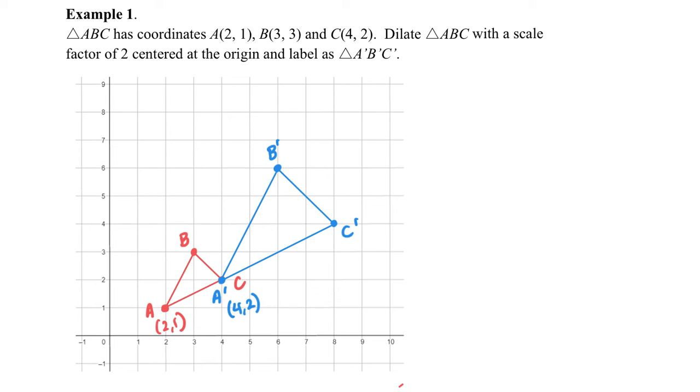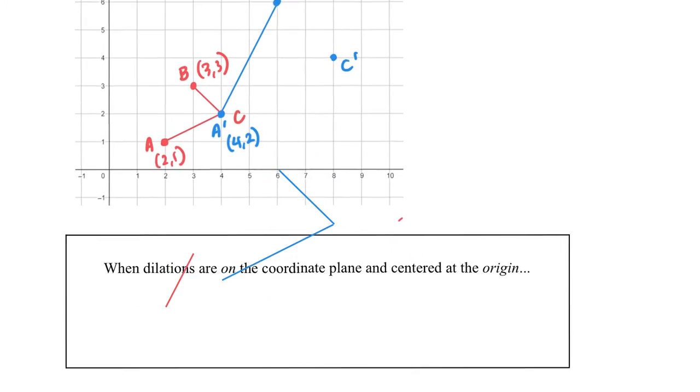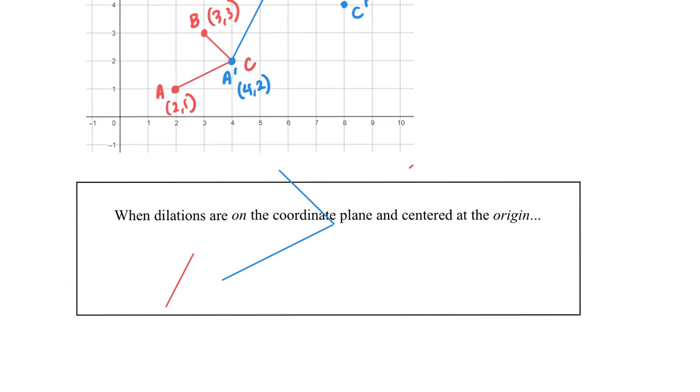And in the case of B, I started at (3, 3), and my image became (6, 6). So what you can see here is basically all I did was take the coordinates of my pre-image and multiply them by the scale factor in order to get the coordinates of my image. Really, really simple. And that's exactly how this works.